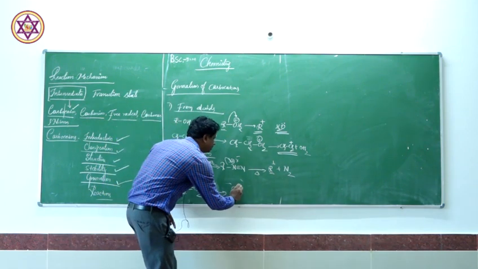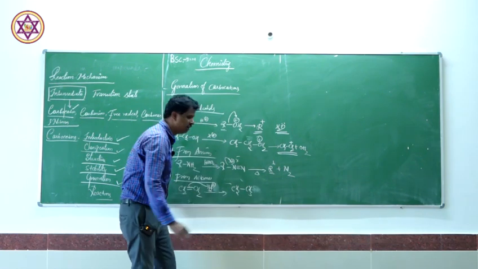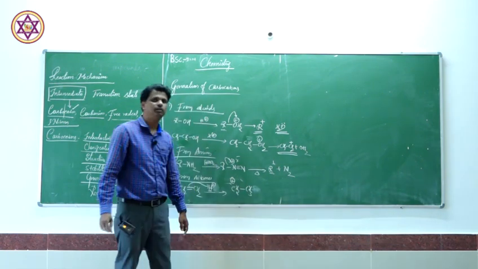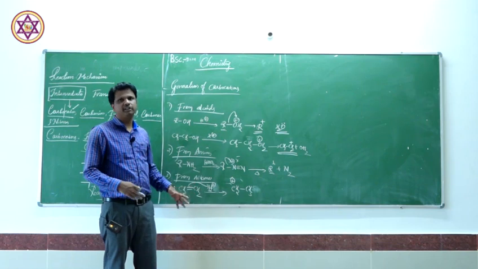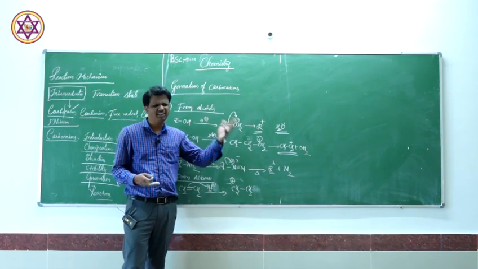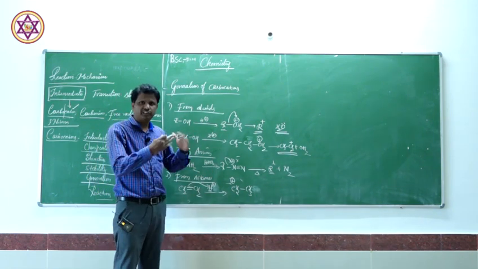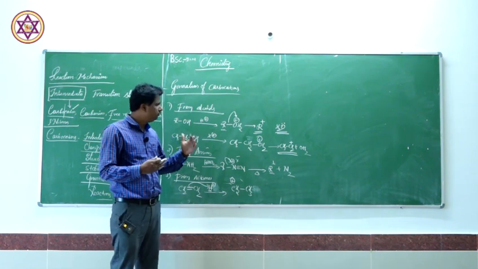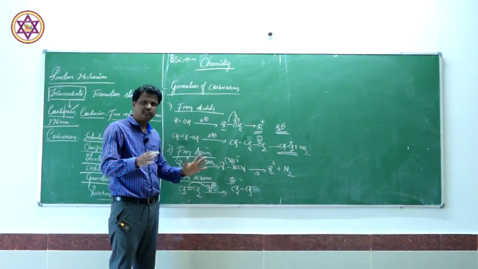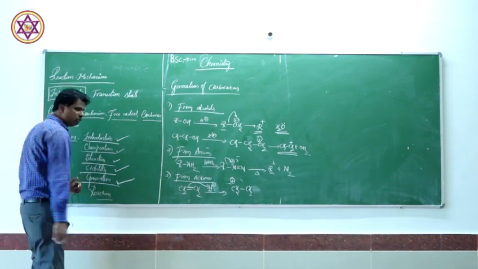So you can write CH3CH2 plus. So these are the three methods from which we can generate carbocations. There are many other methods, but we are not worrying about those at this moment. For the sake of simplicity, if you understand these three, that is sufficient. So we understood the generation of carbocations.